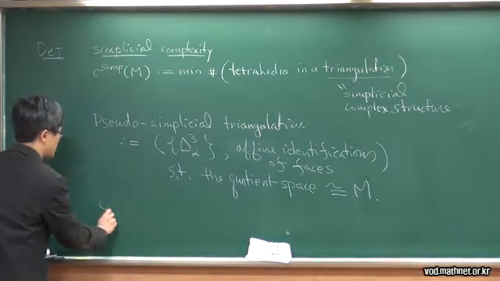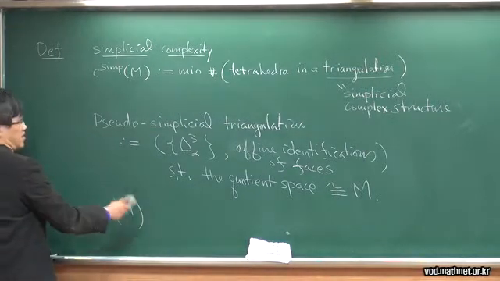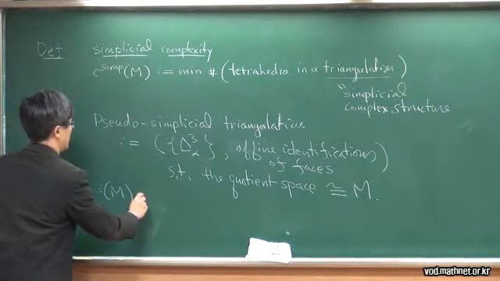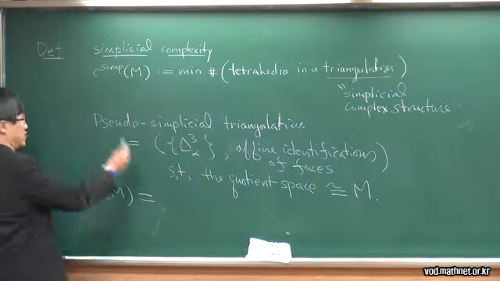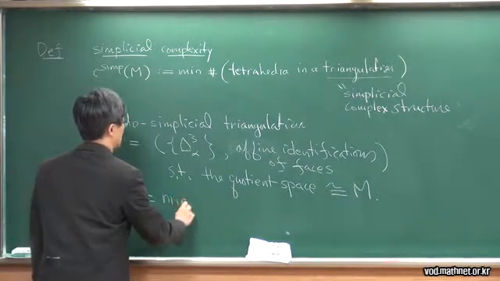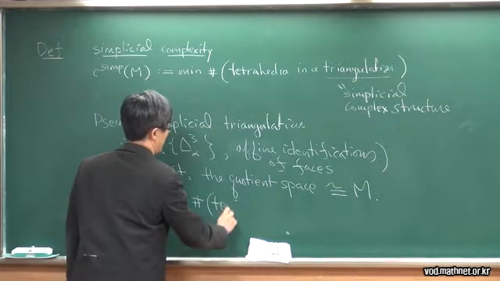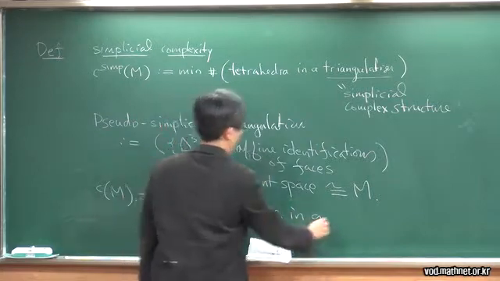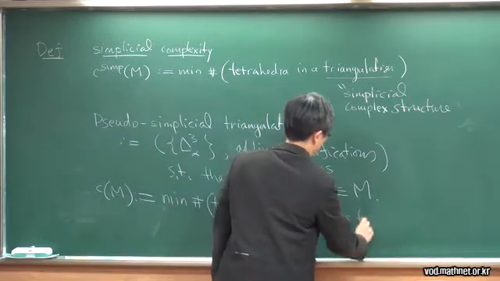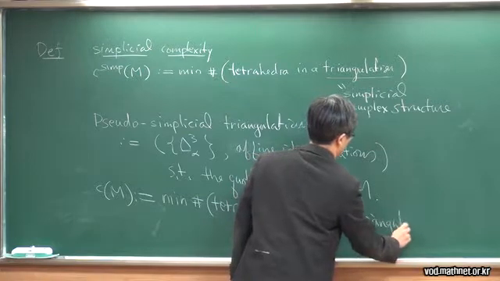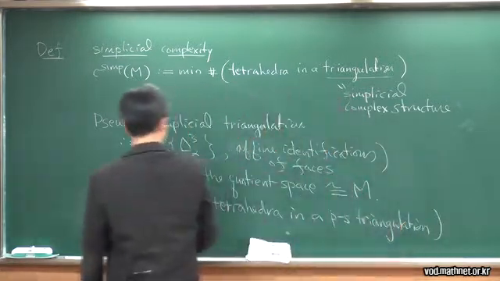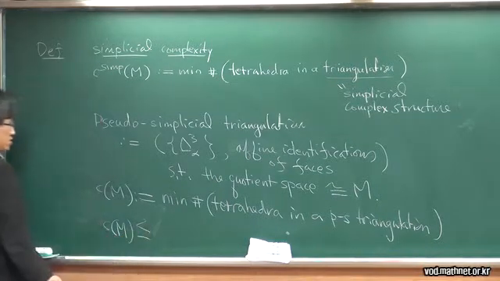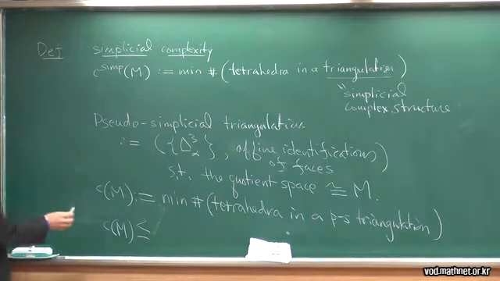So let's define a pseudo-simplicial version of the complexity. This is the minimum number of tetrahedra in a pseudo-simplicial triangulation. Then it's easy to see that, and here is some comment about the name.